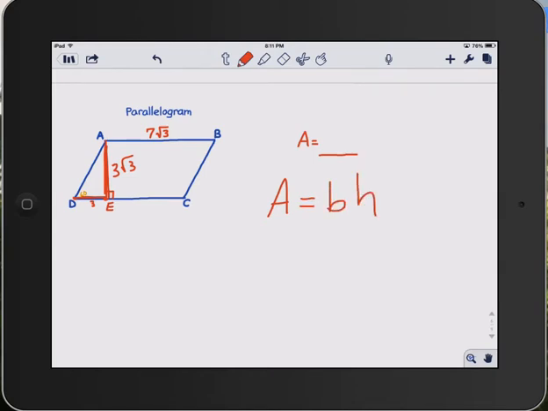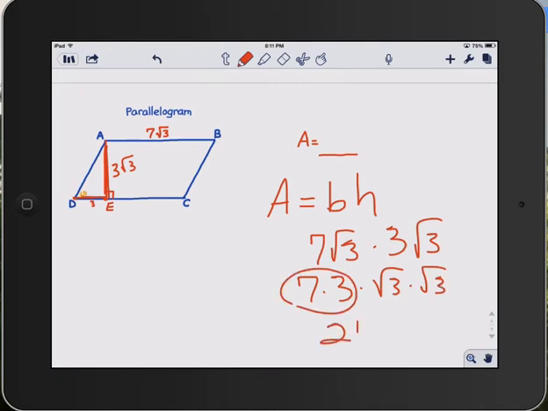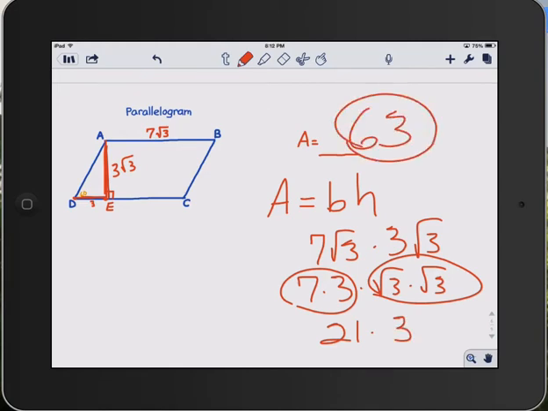The base is the 7 times square root of 3, which was given, times the height, which is 3 times square root of 3. And I like to rearrange the terms, so it's 7 times 3 times square root of 3 times square root of 3. 7 times 3 is equal to 21. Square root of 3 times square root of 3, yes, it equals the square root of 9, but just by definition it equals 3. Square root of 9 equals 3. So we get an area of 63.